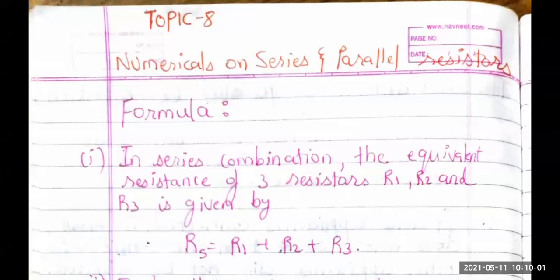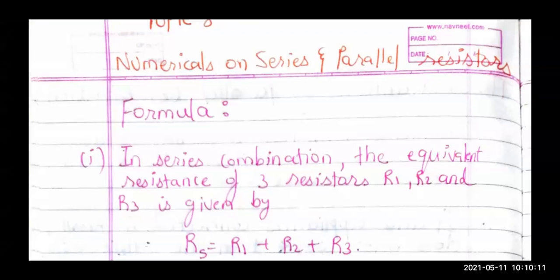Okay, so children, in the last class we had done the derivation for the equivalent resistance when the resistors are connected in series. So we know that when the resistors are connected in series, their equivalent resistance Rs is equal to the sum of all the resistances connected in series, right?